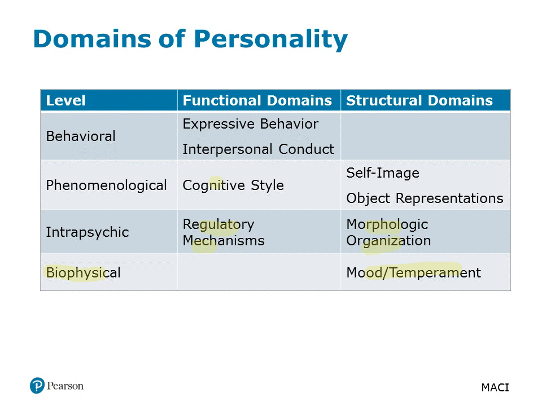And then when you think about cognitive style, self-image, and object representations, we're thinking about phenomenological approaches, maybe such as those proposed by Rogers and Maslow, but also cognitive theories such as those by Beck and Ellis. And then finally, expressive behavior and interpersonal conduct are associated with behavioral models.